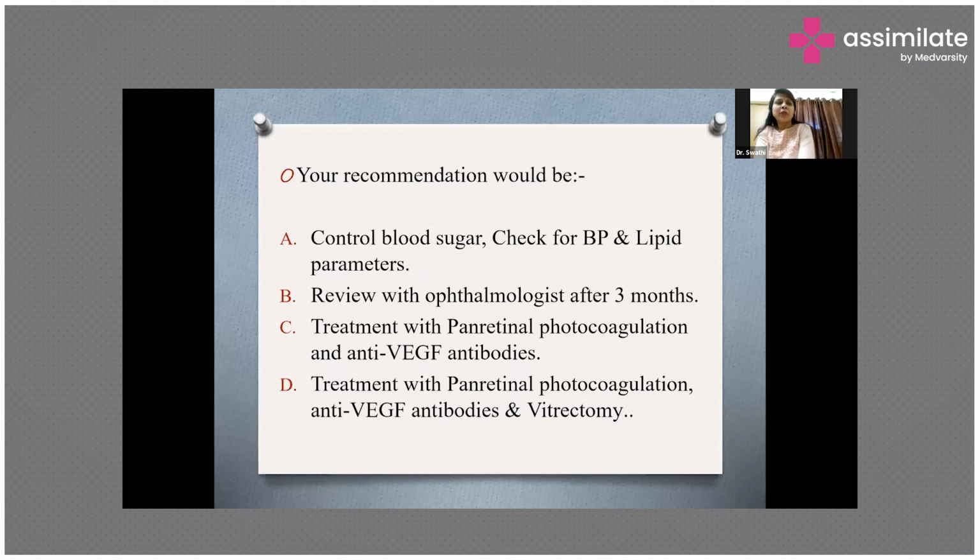So as I was explaining, how to manage the patient with non-proliferative diabetic retinopathy, in that I have explained that either we wait for the progression of non-proliferative to proliferative diabetic retinopathy. Now, how do we do that? If the patient is not having any symptoms and he is coming to me with the report of NPDR, I won't directly advise pan-retinal photocoagulation.